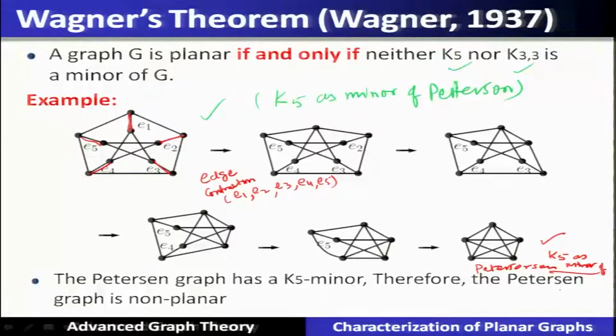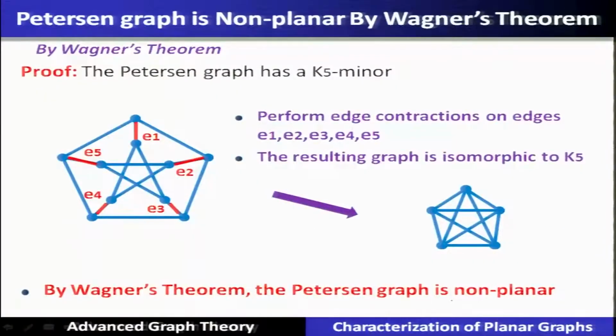Since Petersen graph has K5 minor, therefore, Petersen graph is non-planar according to Wagner's theorem. So, same thing again, we are representing it. Let us say that this is the Petersen graph.